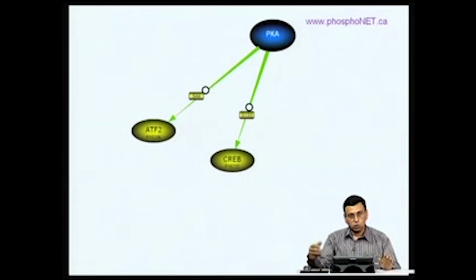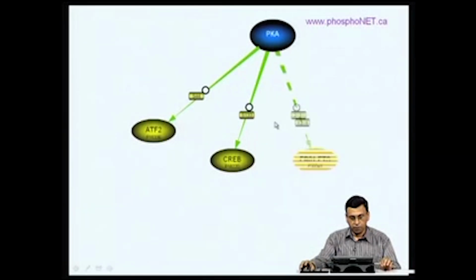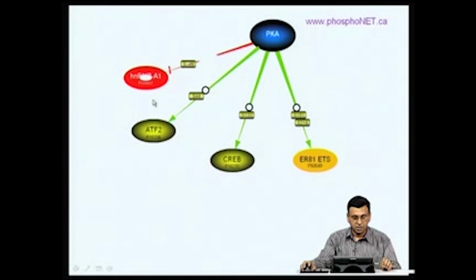Now, more and more such transcription factors which are being regulated by PKA are being discovered. For example, in addition to the ATF CREB family of transcription factors, a protein called ER81, an ETS factor, has been shown to be phosphorylated by protein kinase A, and therefore this also plays a very important role in a number of physiological processes. Similarly, another protein called hnRNP A1, which plays a very important role in RNA processing, is also a target for PKA.